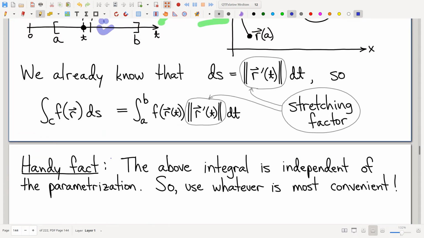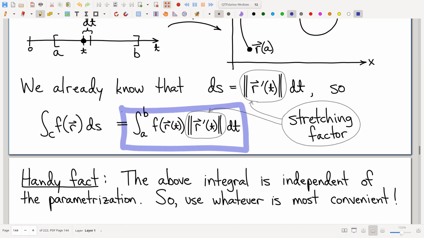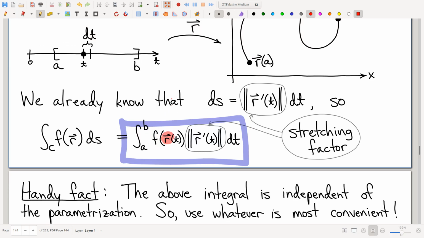All right. So I think this is about where we left off. I will point out that there is something a little bit concerning about this formula that we have here. This is our computational formula for how to compute a scalar line integral. And the concerning point is that it seems to involve the parameterization, which of course it kind of has to. That's kind of the whole point here.